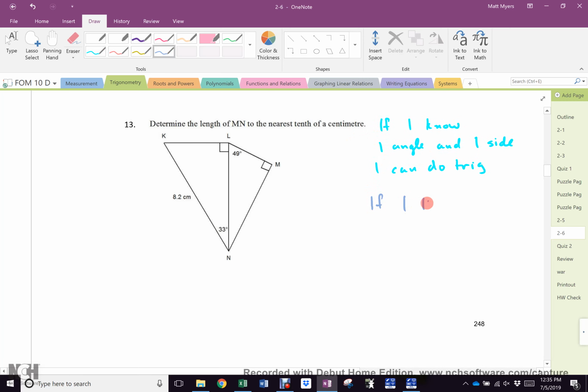If I know two sides, I can do trig. I cannot do trig if I only know angles.